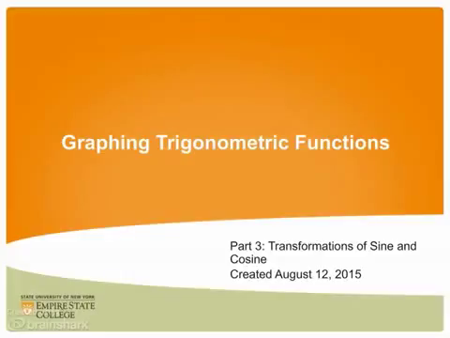Part 3 suggests using the features of the general sine or cosine as stepping stones for graphing a general trigonometric function. Part 4 looks at the graphs of the other four trigonometric functions, formed from ratios involving sine and/or cosine.